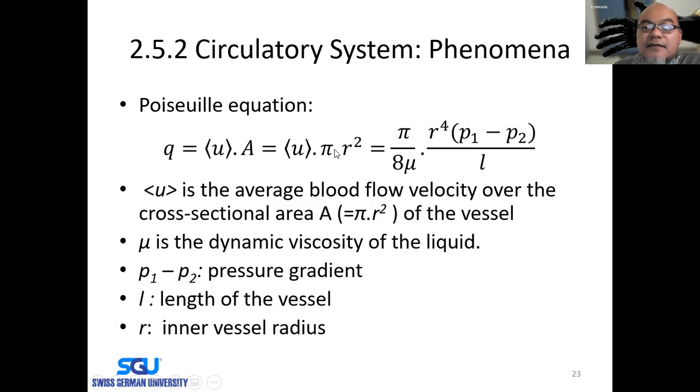So from here, pi, this becomes the dynamic viscosity of the fluid. Sorry, the average blood velocity here can be calculated from the pressure difference, the dynamic viscosity, and the length of the vessel.